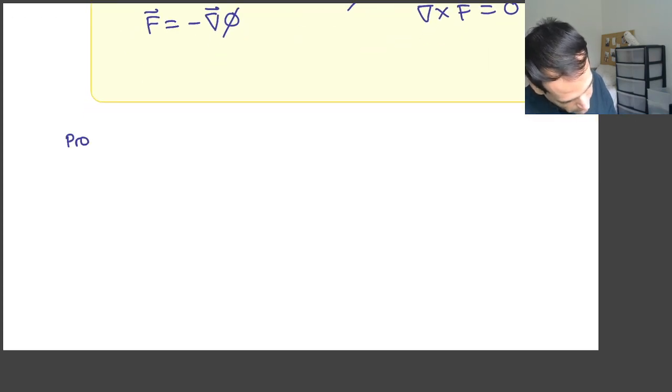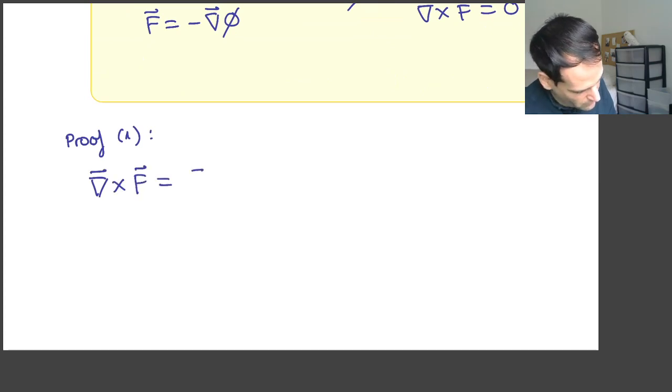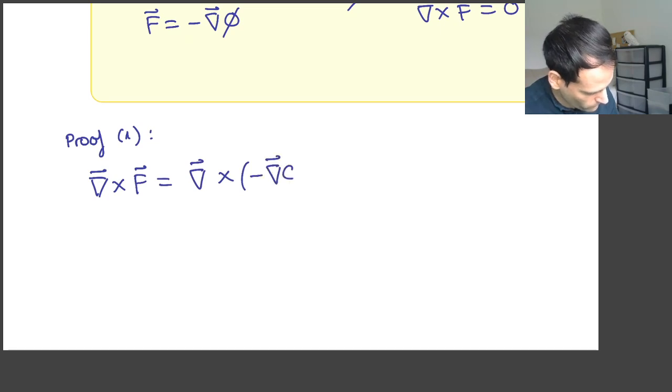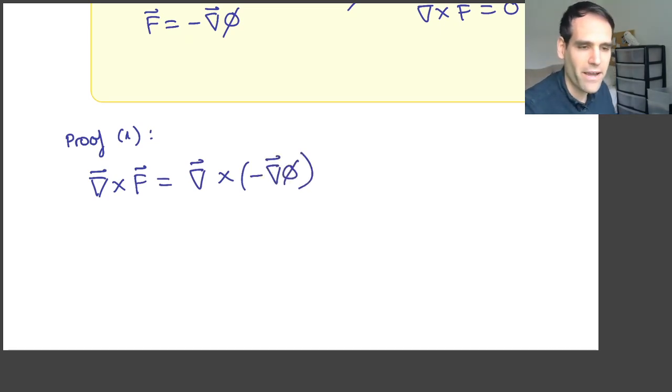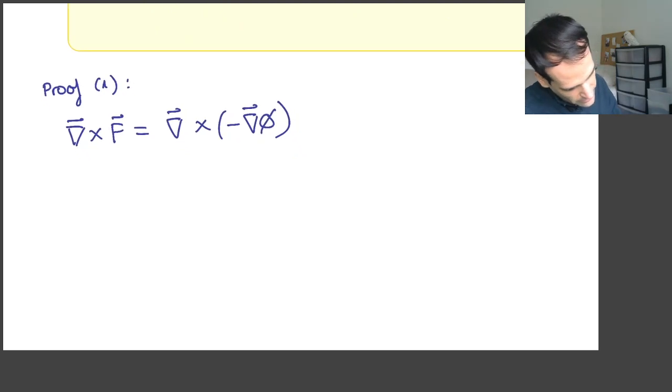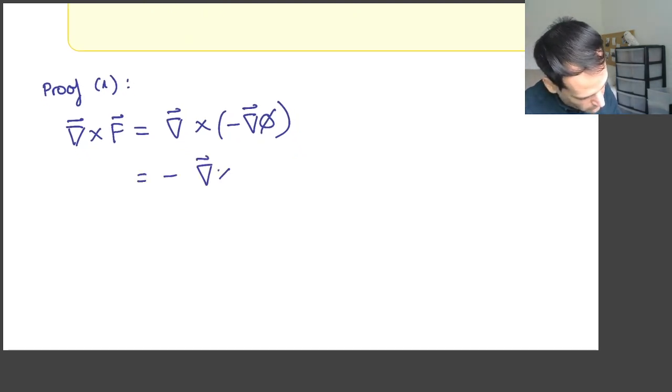Proof of 1. If you calculate the curl of a field, and this field happens to be a conservative field, you can substitute F by the minus gradient of phi. So we can take the minus outside, so this will be the minus curl of a gradient.